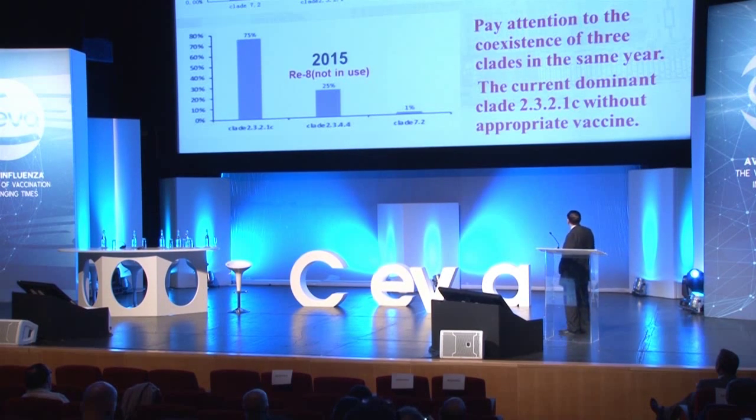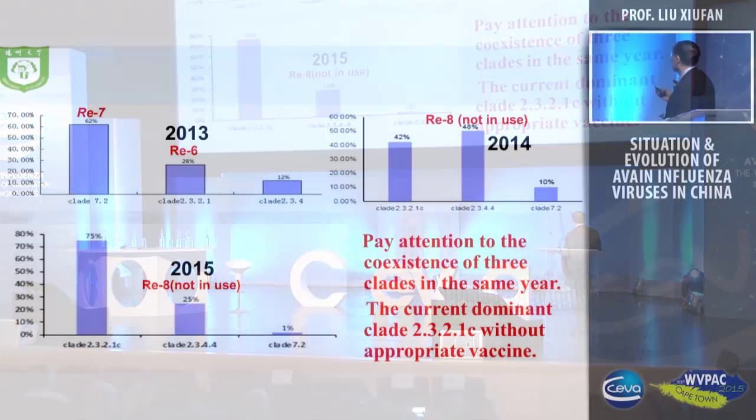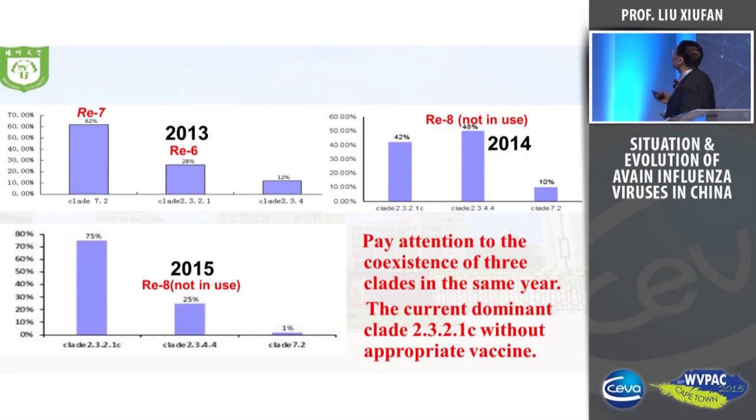And in the year 2014, the co-dominant clades are 2.3.2.1c and clade 2.3.4.4. This second clade just spread to many countries with H5N8.